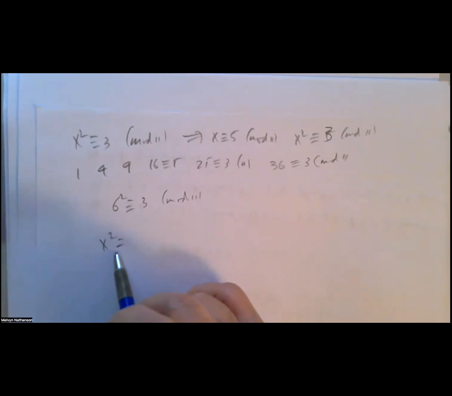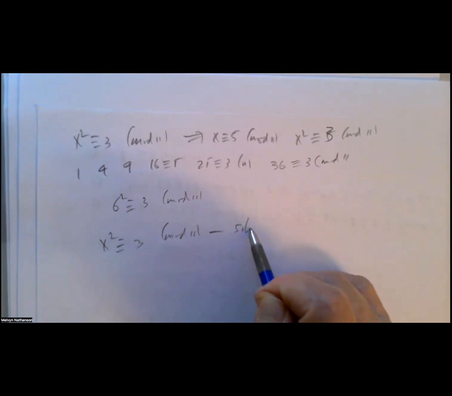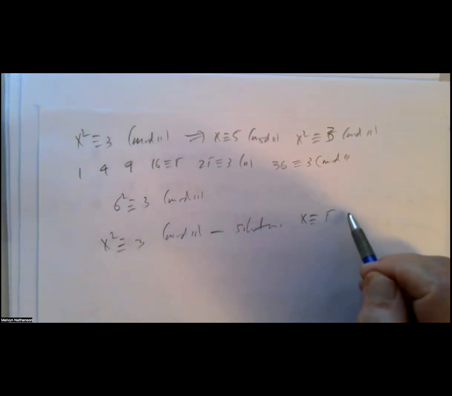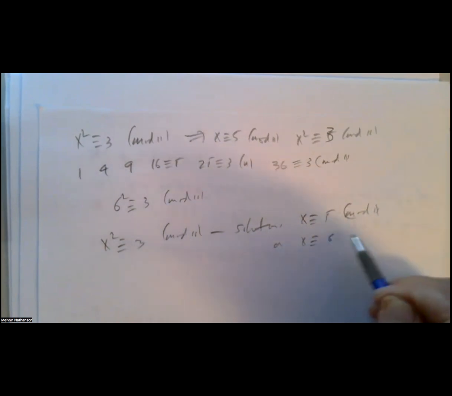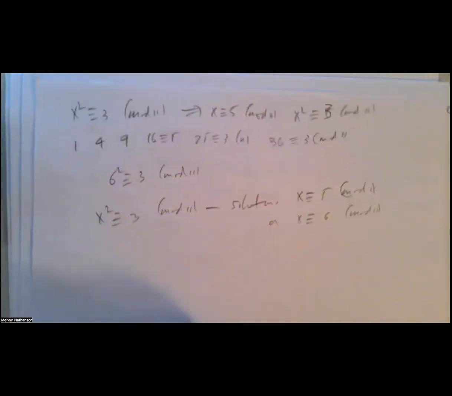So for x squared congruent to 3 mod 11, the solutions are all integers x congruent to either 5 mod 11 or x congruent to 6 mod 11. And you can check, those are the only two. If you square 7, 8, 9, and 10, you won't get 3 mod 11. So this has 2 solutions.